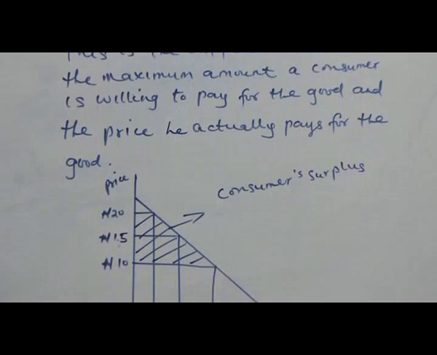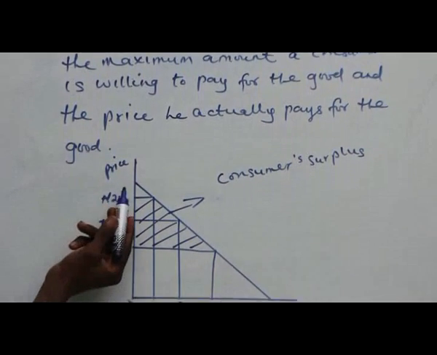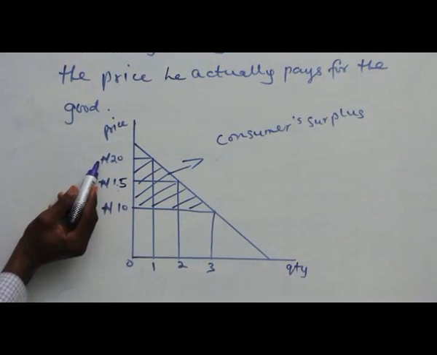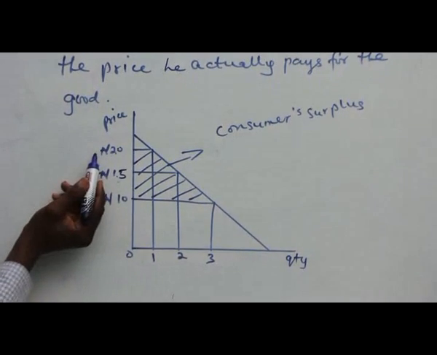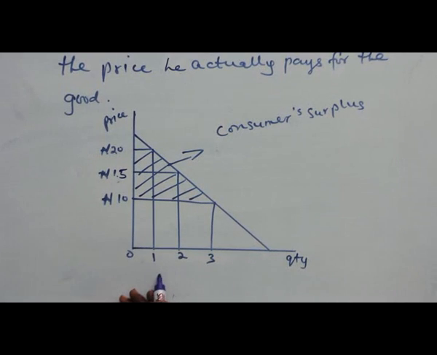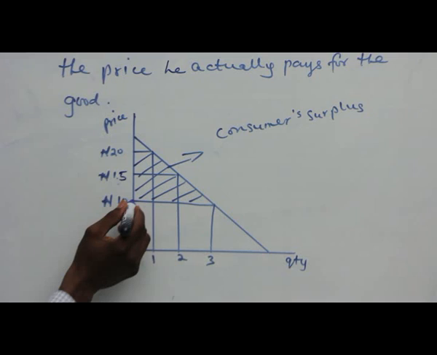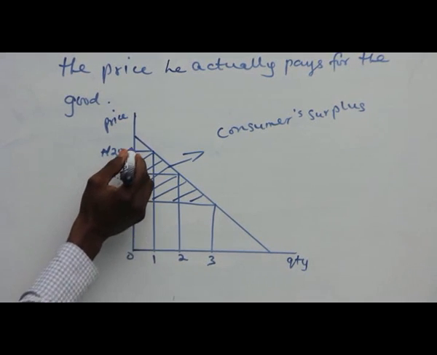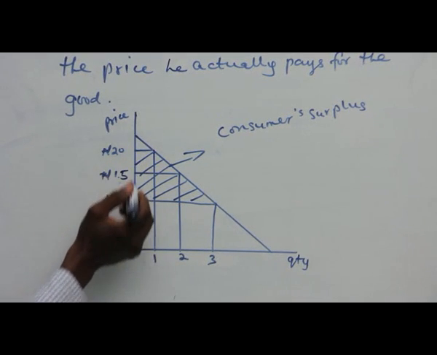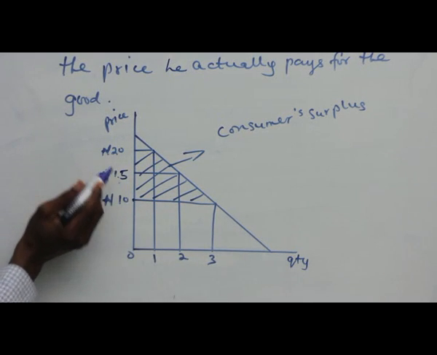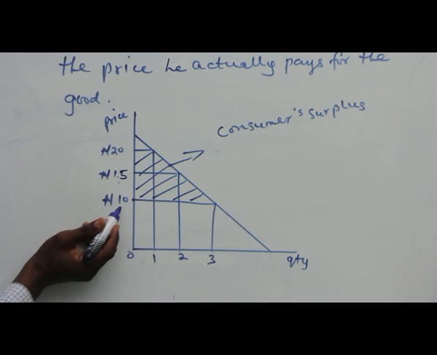Take for instance, assuming the consumer is willing to pay 20 naira for a commodity, 20 naira for one quantity, right? And the seller is willing to sell it at 10 naira. So it implies that the consumer has gained a 10 naira difference. He intends to pay 20 naira, but he actually pays 10 naira.